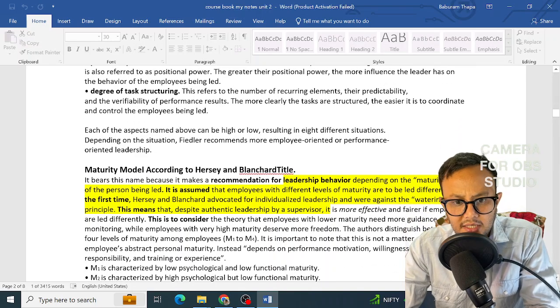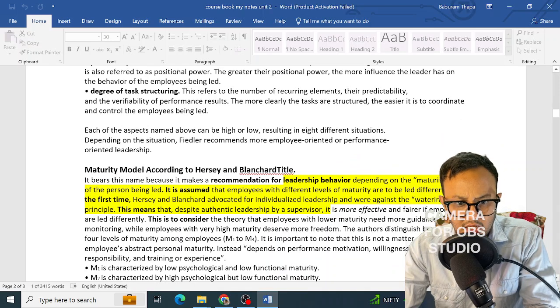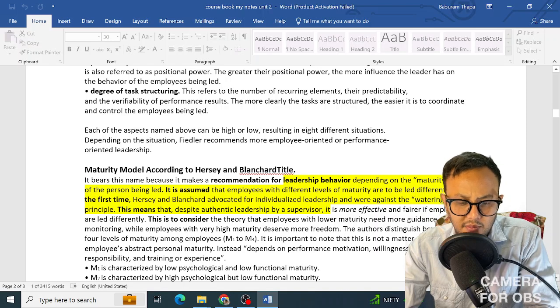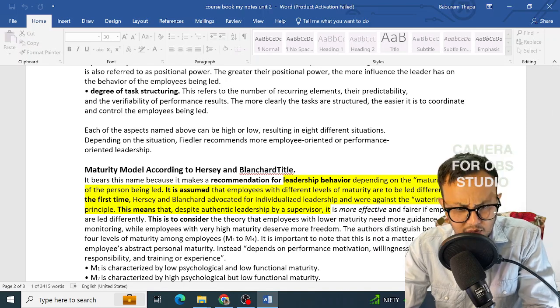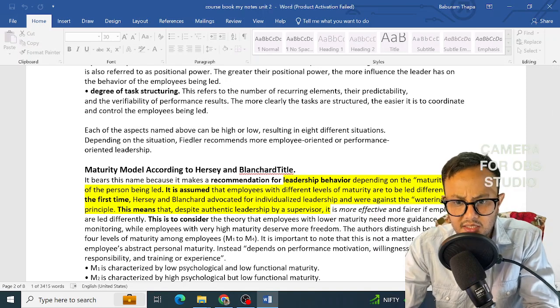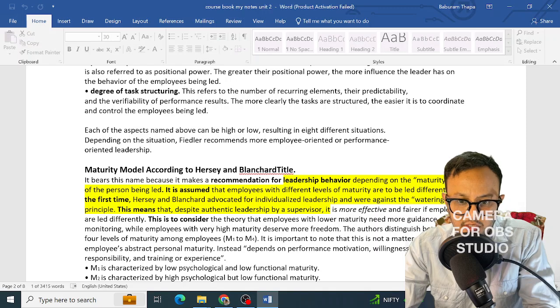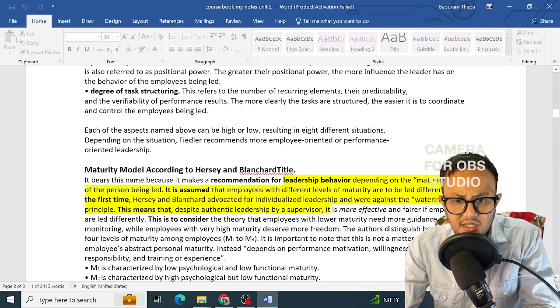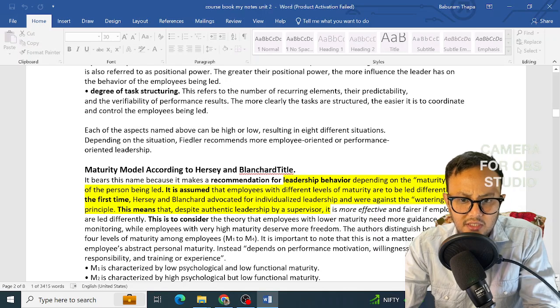So each of the aspects named above can be high or low, resulting in 8 different situations. So depending on the situation, Fiedler recommends more employee-oriented or performance-oriented leadership, right?